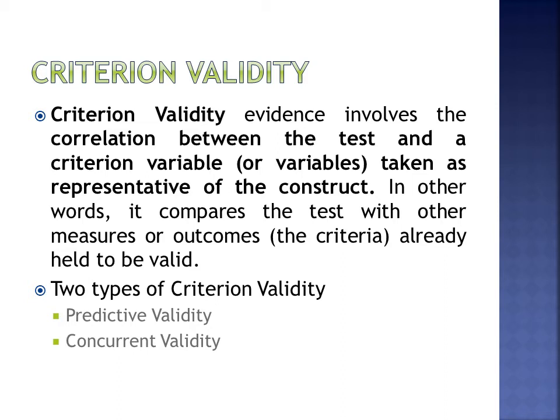Like what I've mentioned a while ago, criterion validity entails the criteria of the construct. Like my example a while ago, if your construct is intelligence, your criteria would be the performance in school, the achievement test, and many more. So that would be your criteria. So again, criterion validity focuses on the criteria of the construct.